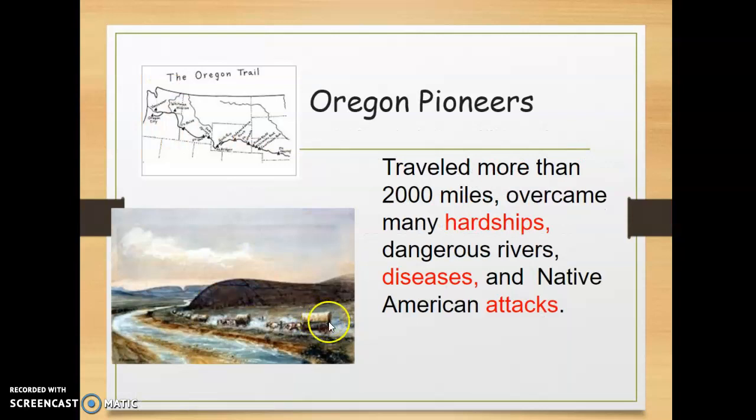And Oregon pioneers, another group of people who helped to diversify the West, traveled more than 2,000 miles, overcame many hardships, dangerous rivers, diseases, and Native American attacks, to travel westward up into what will eventually become the state of Oregon.